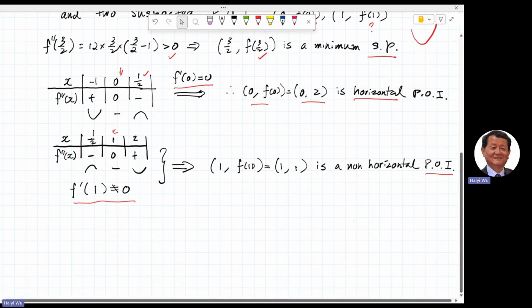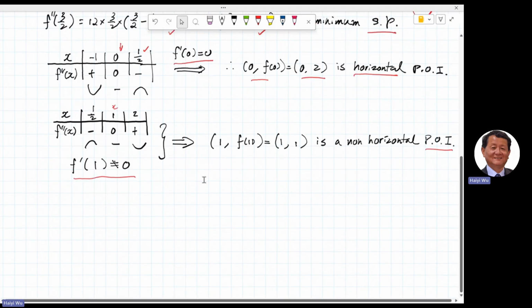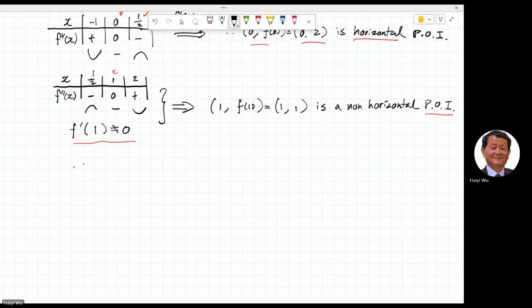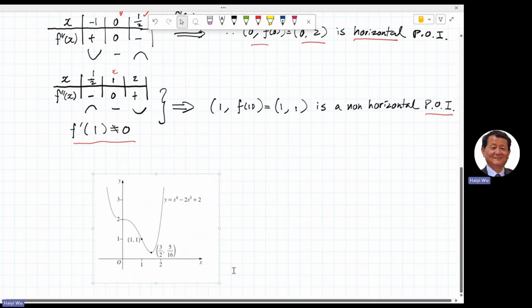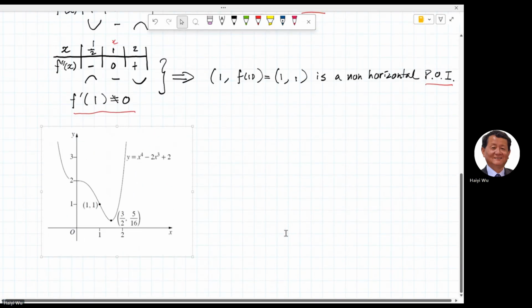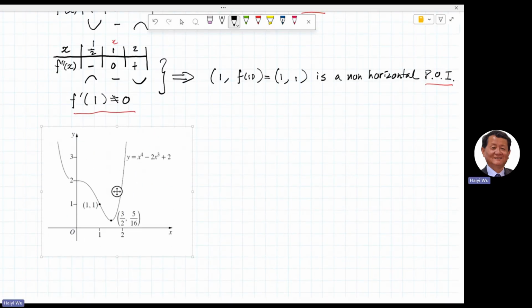So if I draw the graph, because of time, I'm just going to put the graph in so that you can see what it looks like. This is my original f(x).